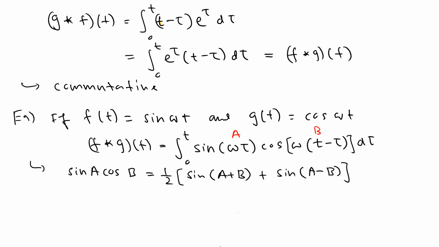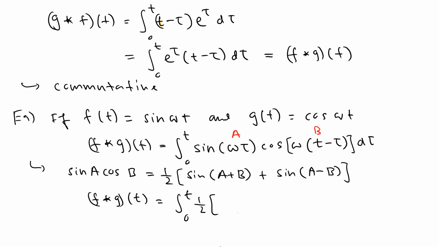So that's what happened. That means your answer, f star g of t, simply becomes the integral from 0 to t of 1/2, we can write it outside if you want, and then we're going to add the two.